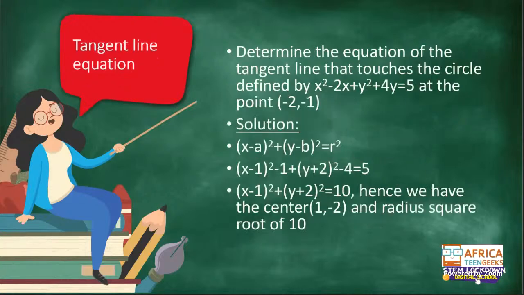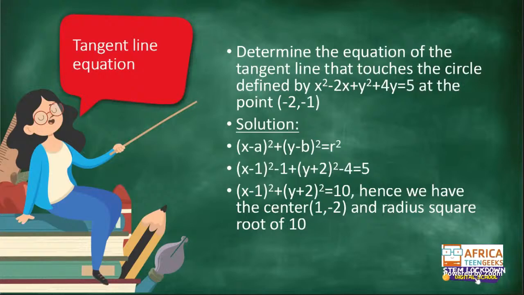Here is the question that we had: determine the equation of the tangent line that touches the circle defined by x squared minus 2x plus y squared plus 4y equal to 5 at the point (-2, -1).